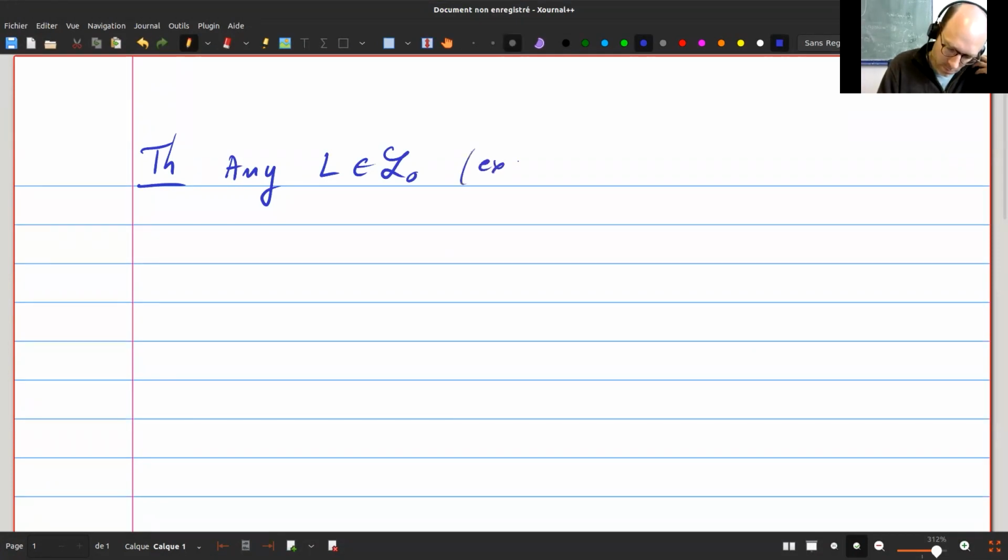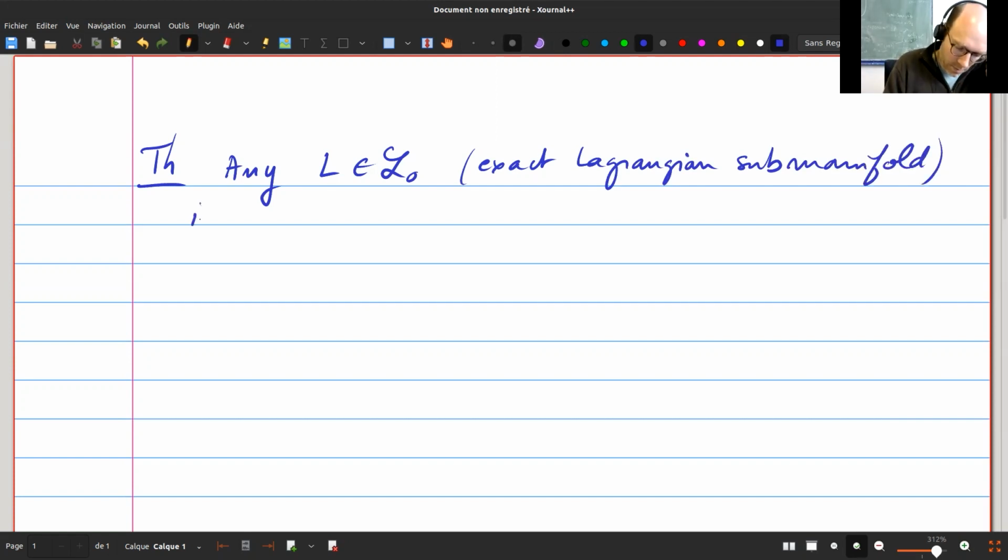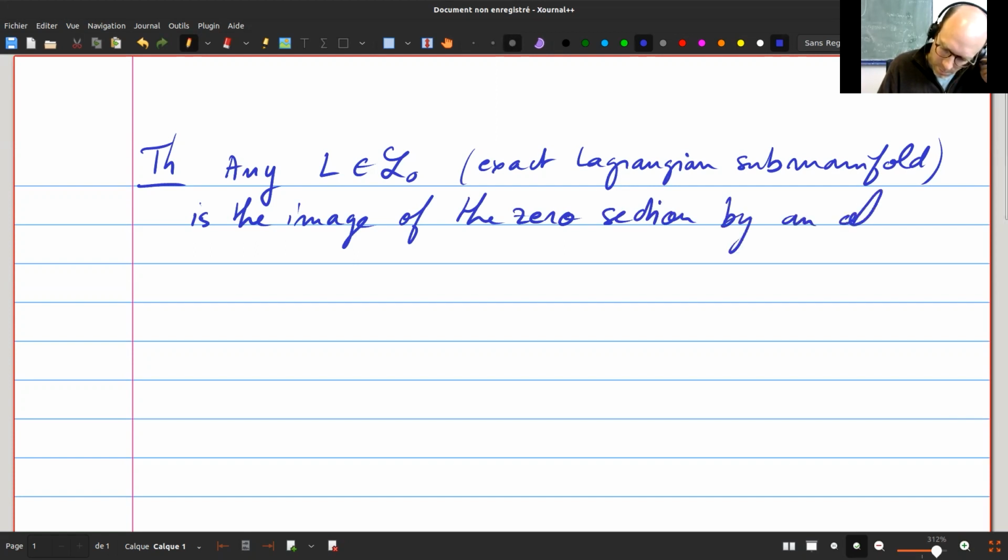Yes. Okay, so let me write my theorem. Any L in L0, so an exact Lagrangian submanifold, is the image of the zero section by an element not in D ham, but in its completion with respect to the spectral norm.